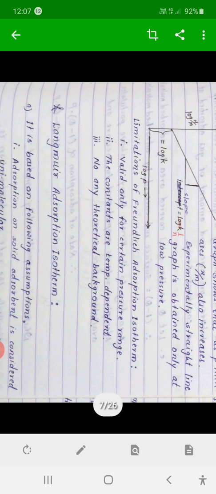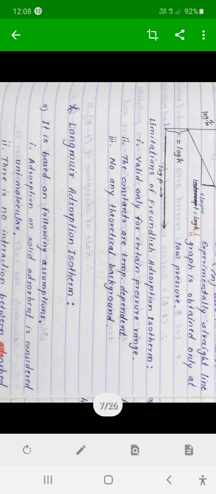This is a limitation of the Freundlich adsorption isotherm. Other limitations are, first, this is valid only for a certain pressure range.